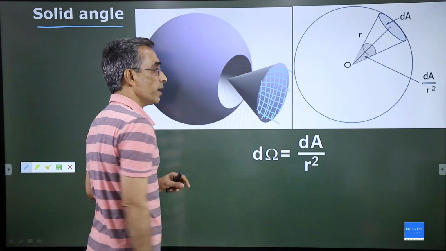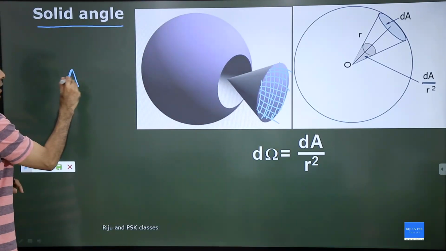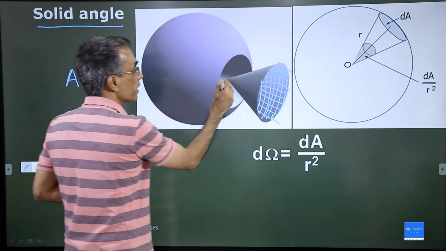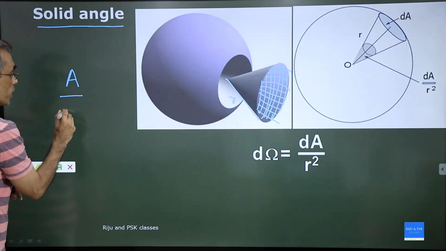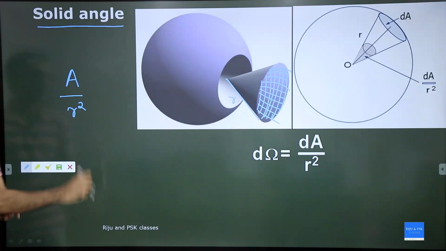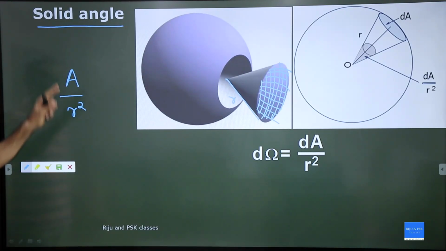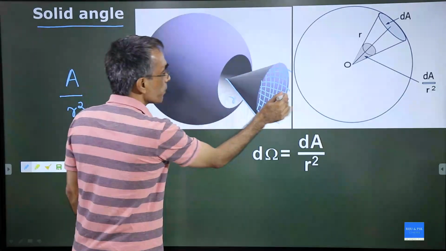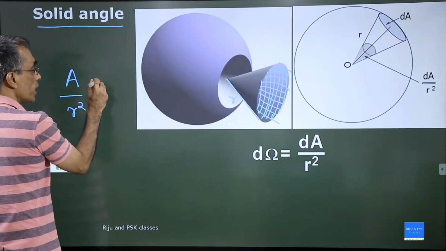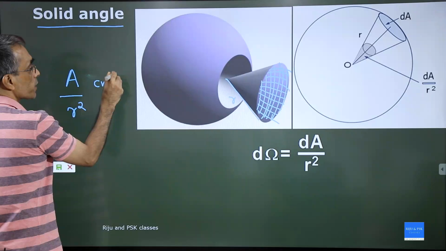If you know that area, let us say that area is A, and if you know the radius of the sphere, which is R, you divide by the square of the radius, A by R square. I'll tell you one more point. This area, suppose you measure in centimeter, will be in centimeter square.